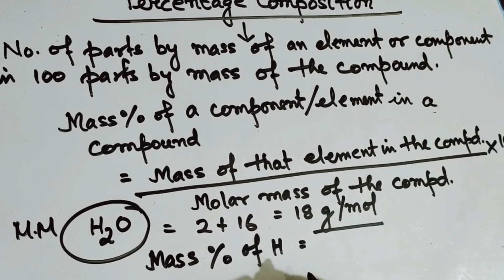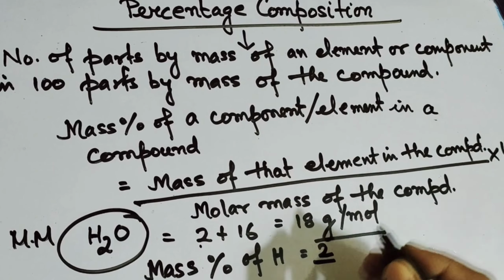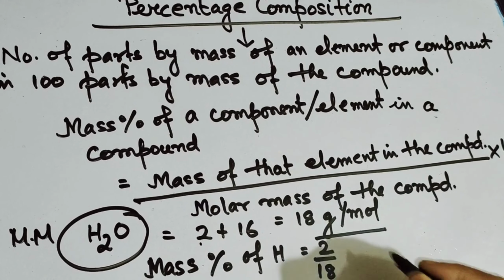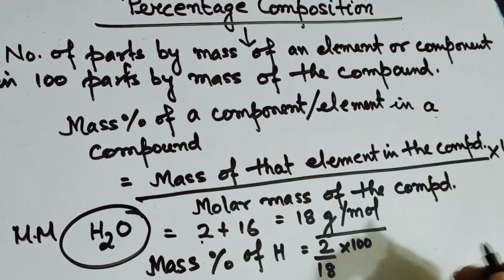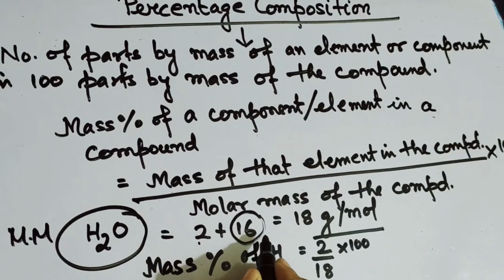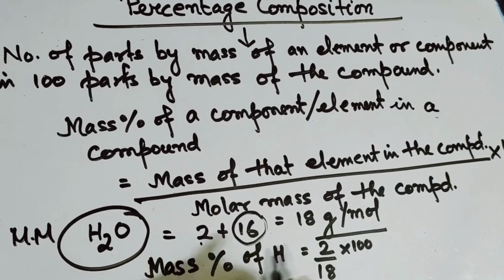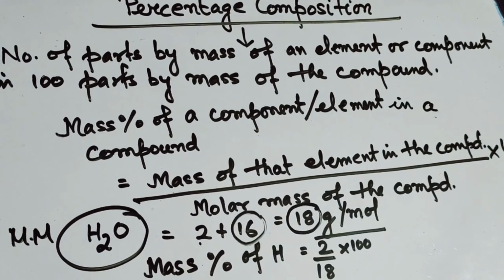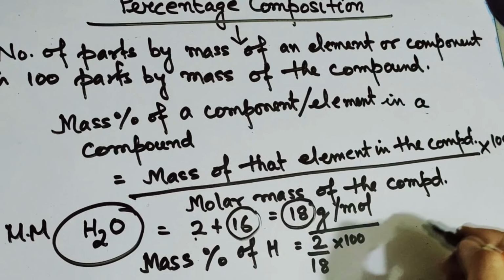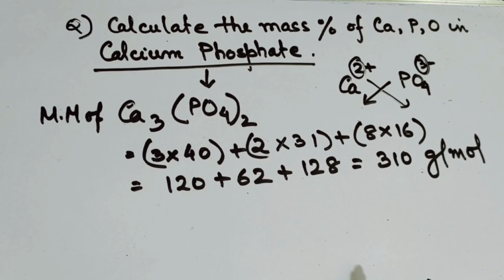What mass of hydrogen is present in H2O? I can see 2. 2 out of the total mass, that means the molar mass of the compound, 18, into 100. Likewise, we can do for oxygen, how much is present? 16. 16 parts by mass of oxygen is present in 18 parts by mass of the compound H2O, expressed in percentage, so into 100.